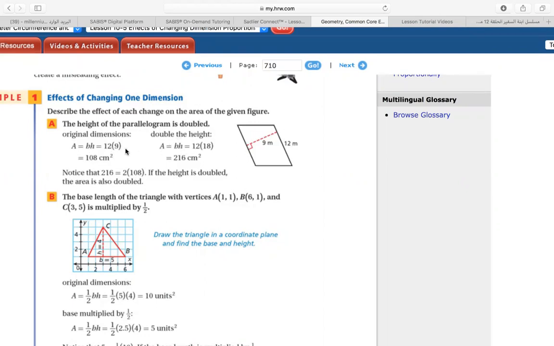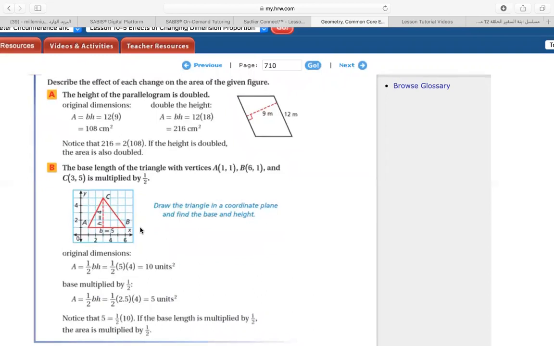The height here is 9, so the new height is 9 multiplied by 2, which is 18. So 12 multiplied by 18 is 216. Notice that 216 equals 2 multiplied by 108. So if the height is doubled, the area is also doubled.